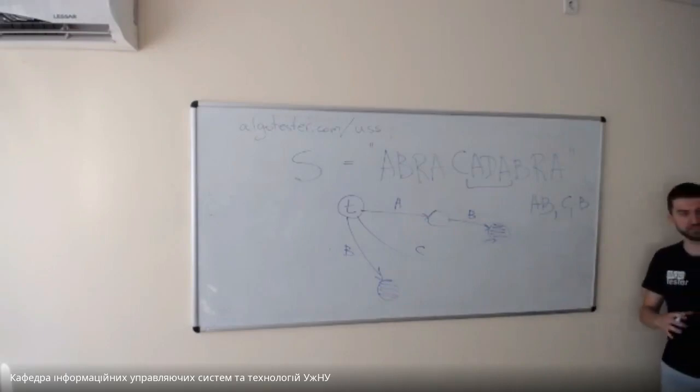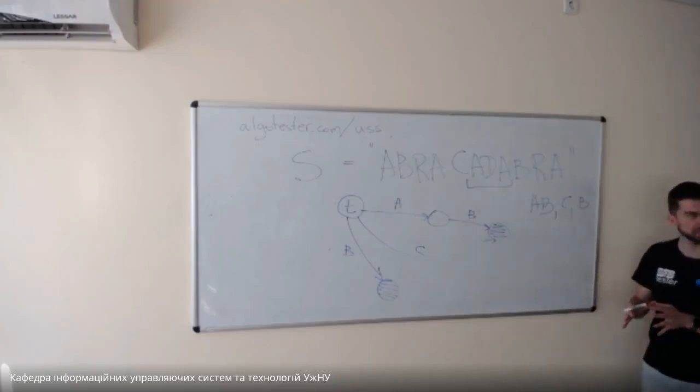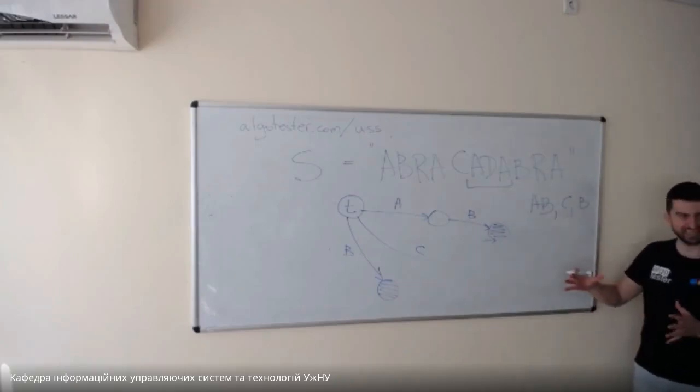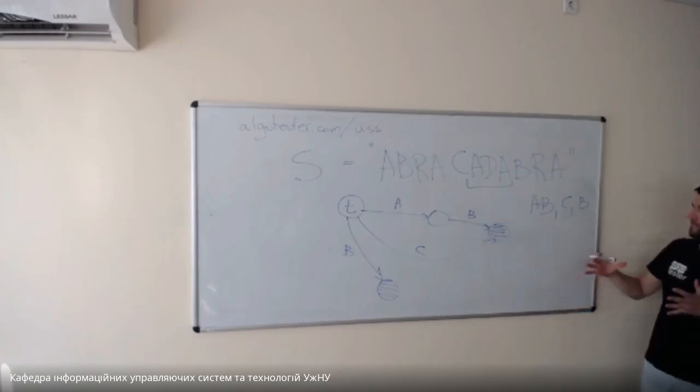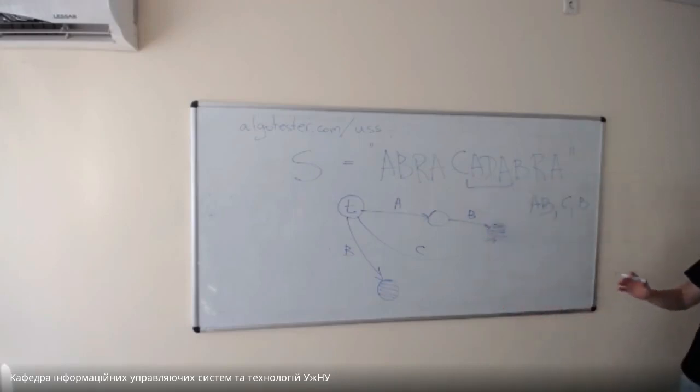So a suffix automaton is the minimal, in terms of the size, automaton which accepts all non-empty suffixes of the given string.